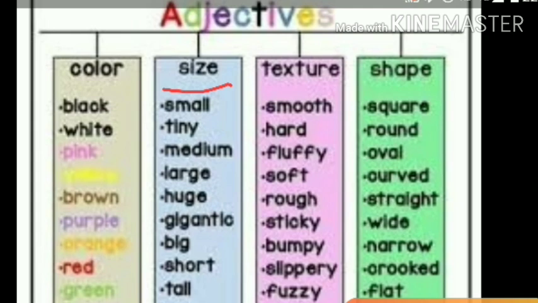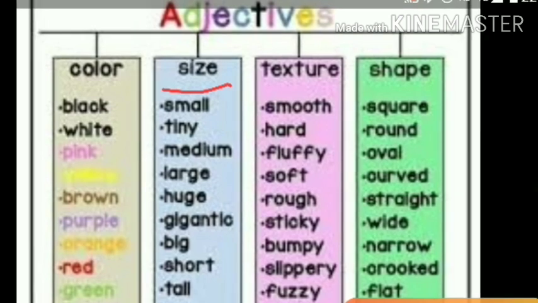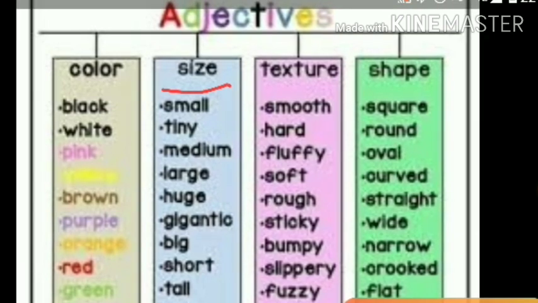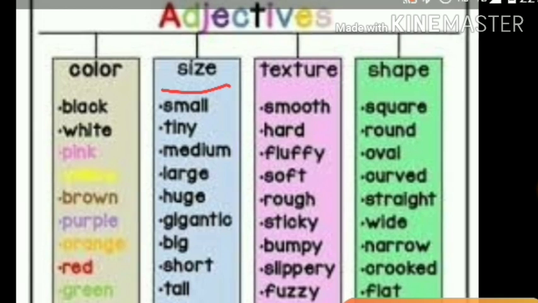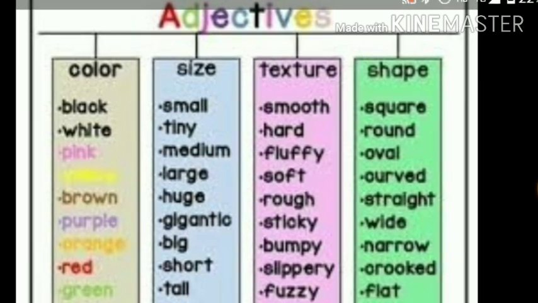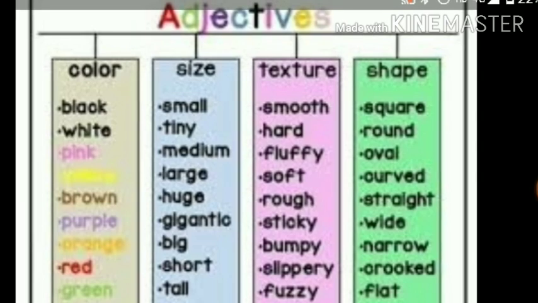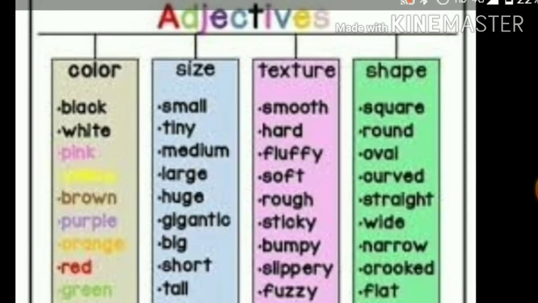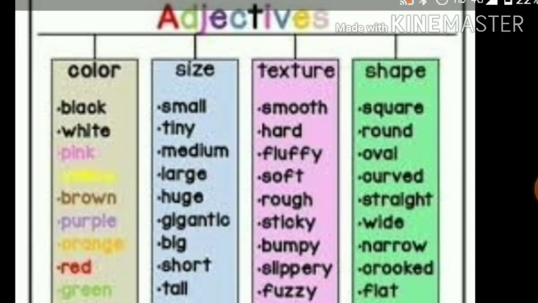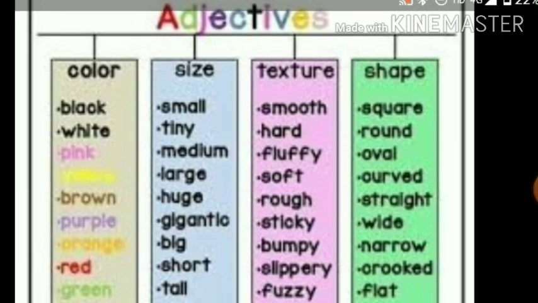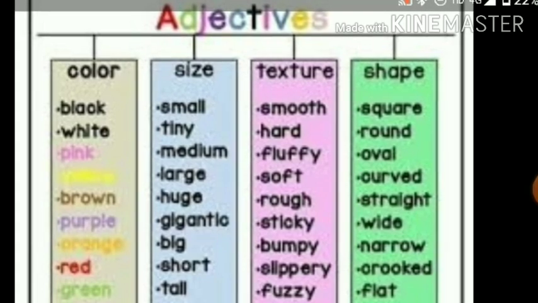Texture: smooth, hard, fluffy, soft, rough, sticky, bumpy, slippery, fuzzy. And then shape: square, round, oval, curved, straight, wide, narrow, crooked, flat. So these are commonly used adjectives which we use in sentences.